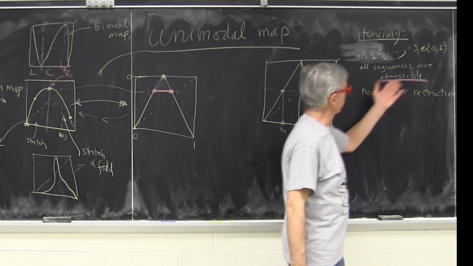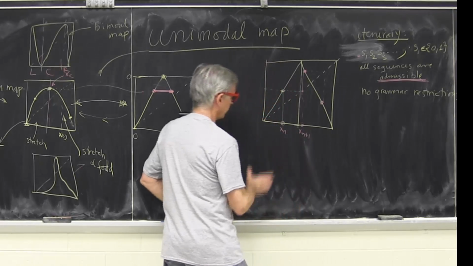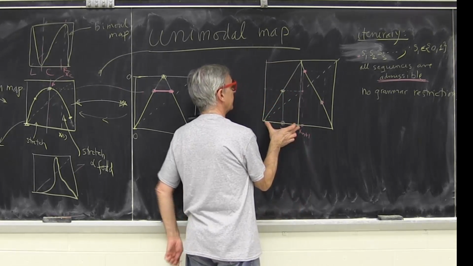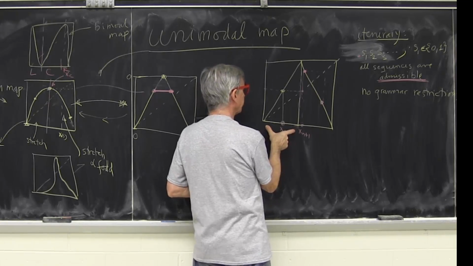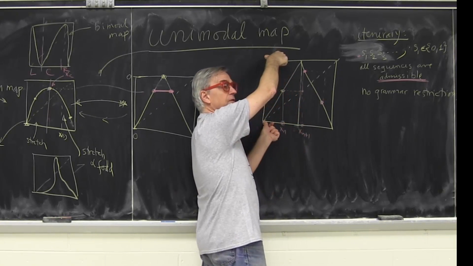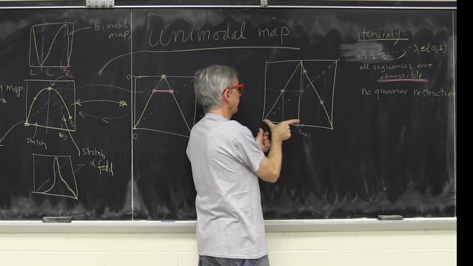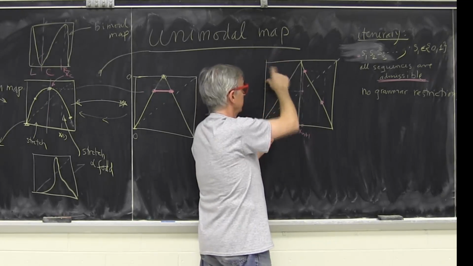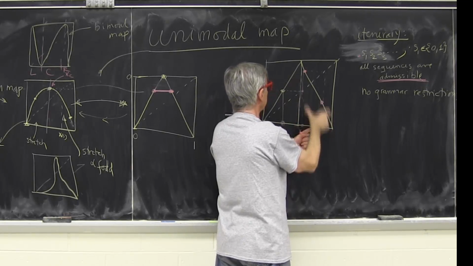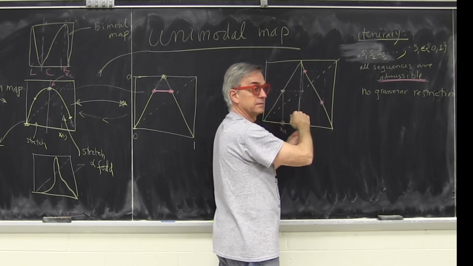And why are all sequences admissible? Because if you take any one interval, for example the left one, in one iteration it stretches over both intervals. So if I'm here, I can land either left or right. Same thing here. If I start on the right, I can land left or right.